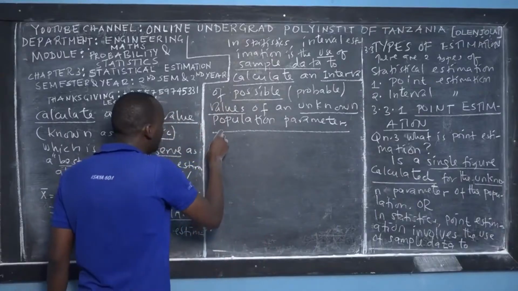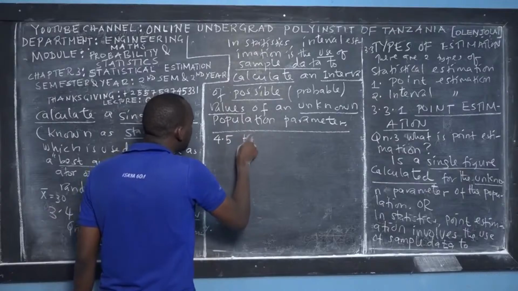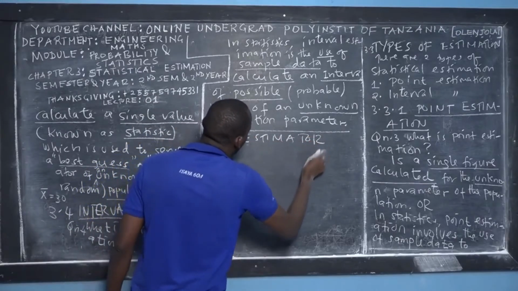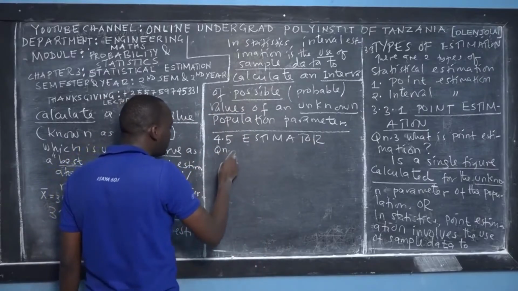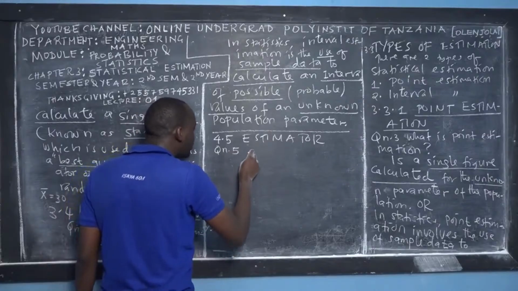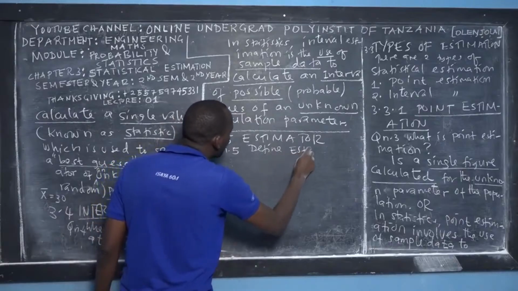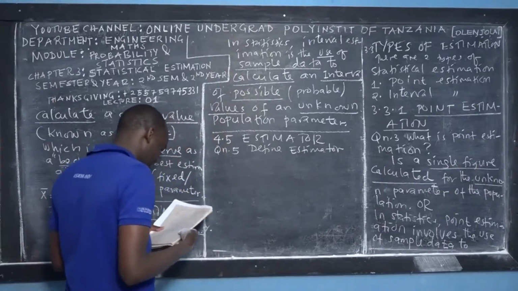So again, we have the fifth terminology, which we call the estimator, the one I mentioned earlier in my teaching. That is question number 5, which asks you to define estimator. What is the meaning of the word estimator?